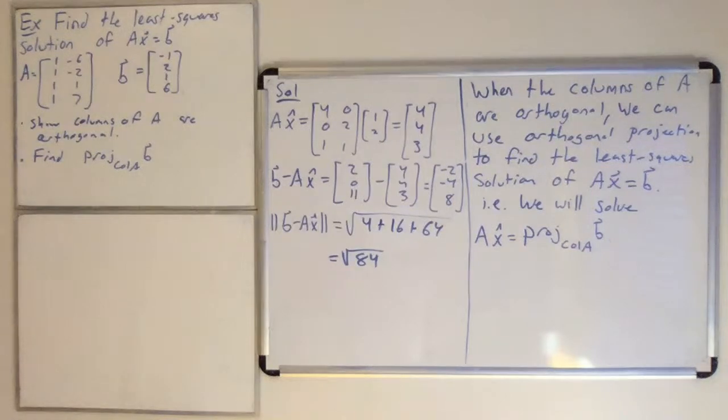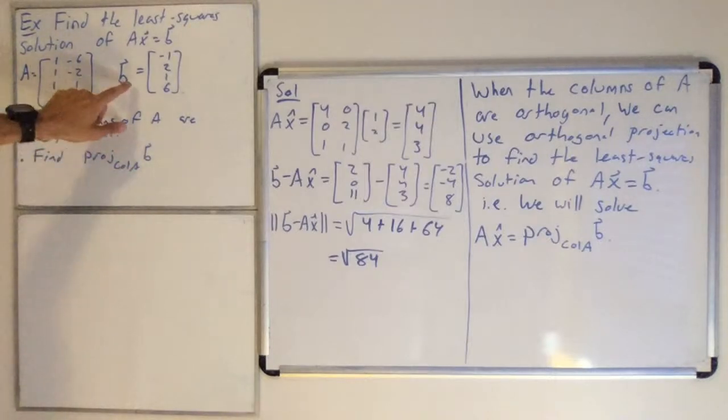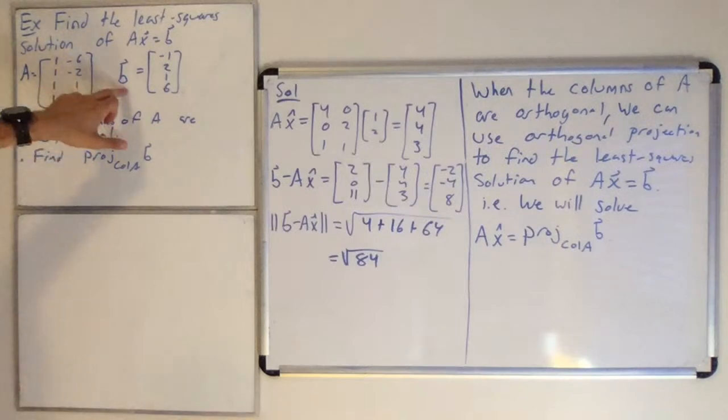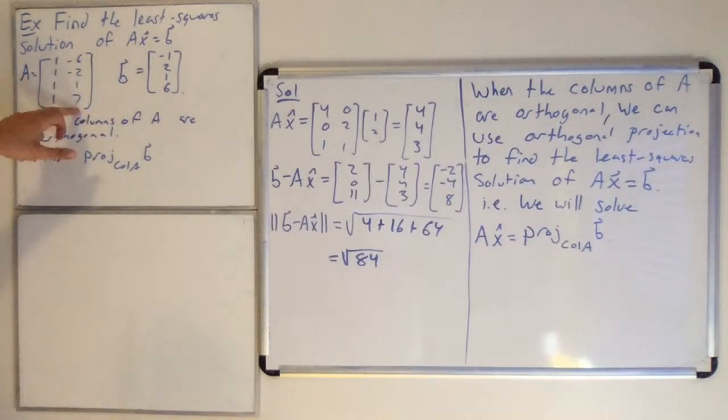And then we want to project B onto the column space of A. That's the same thing as projecting B onto the subspace that's spanned by the columns of A. So it'd be like A1.B over A1.A1 times A1 plus A2.B over A2.A2 times A2.